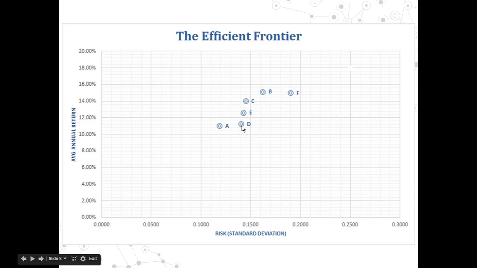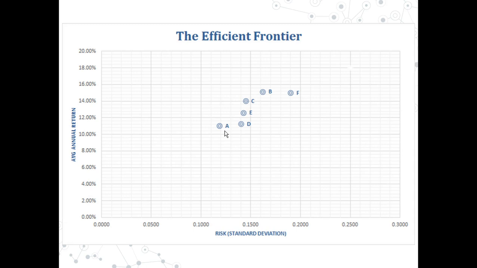For every other portfolio, they seem to lie further down from the efficient frontier, offering worse risk-return trade-off than portfolios A, C, and B. So we can, at this point, eliminate portfolio D, E, and F, and keep A, B, and C.